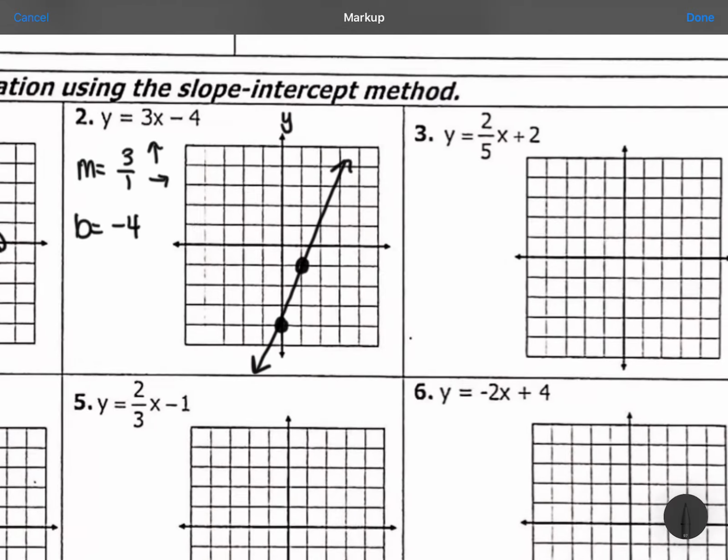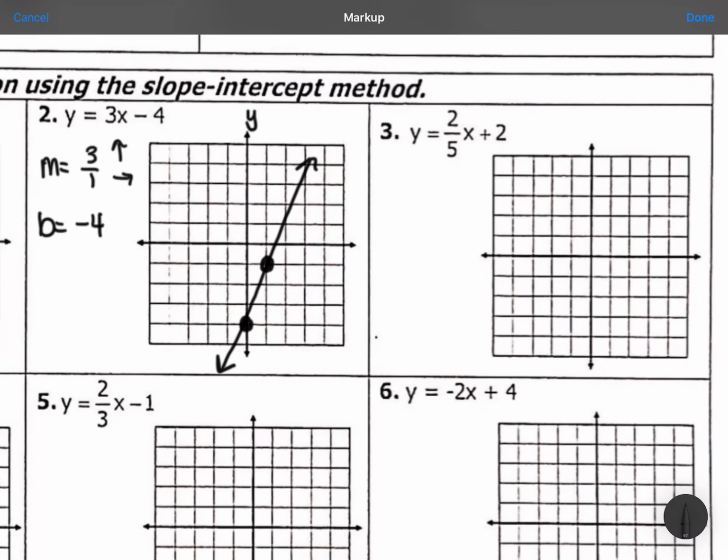Let's do number 3 together. Again, identify your slope and the y-intercept. And which number do I start with? That's right, I start with the 2 because that's my y-intercept. So I go on the y-axis and I start at 2. So I'm going to put my starting point, which is my 2, on the y-intercept.